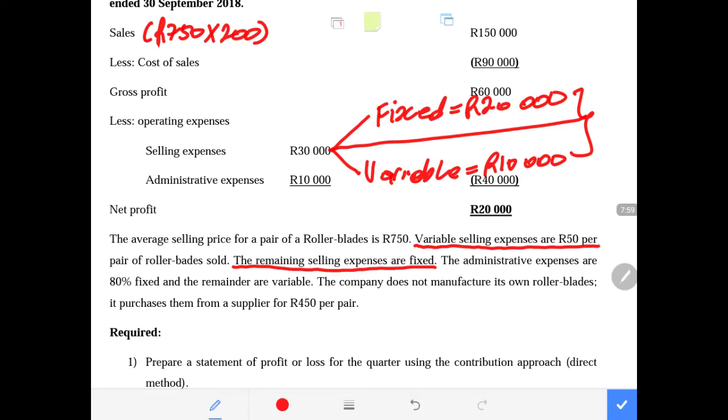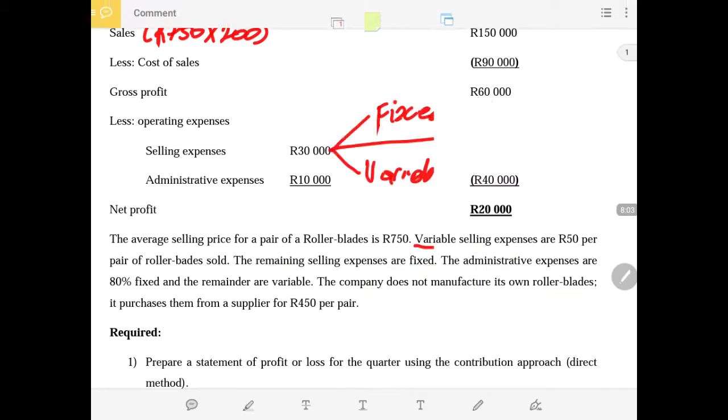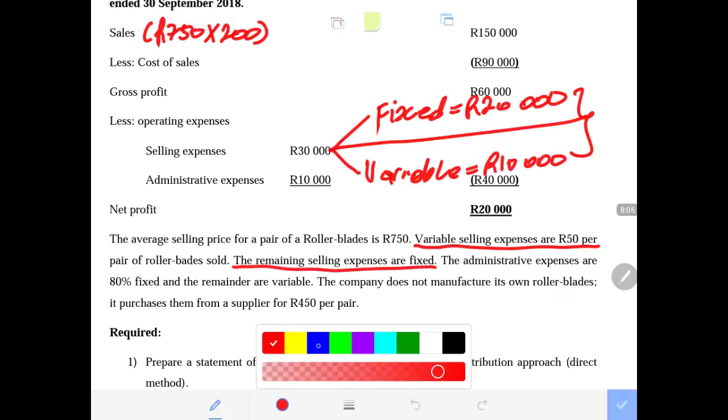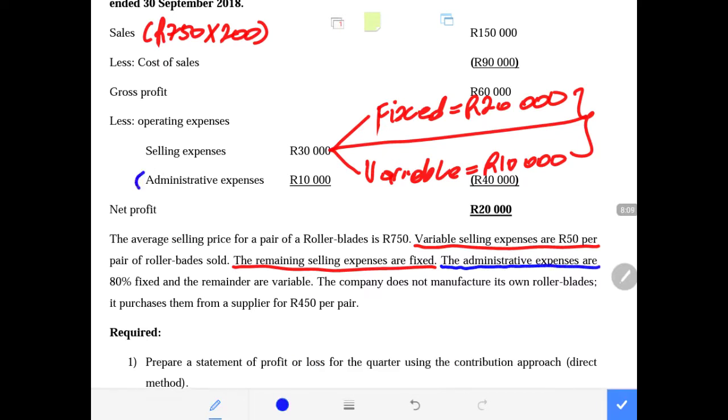Then we are given the next information, which is the administrative expenses. Remember, we started under the sales and we came to the selling cost. Now this exercise brings our attention to the administrative expenses.